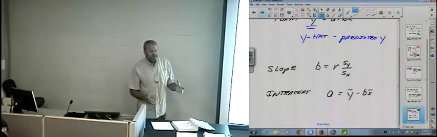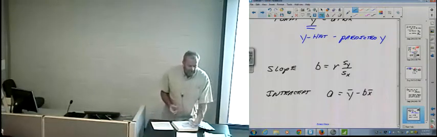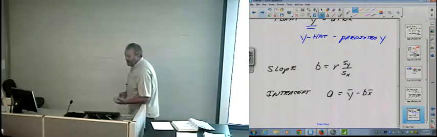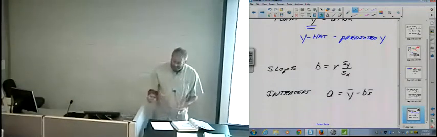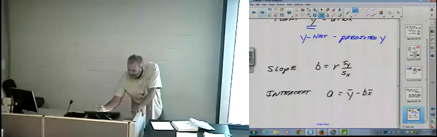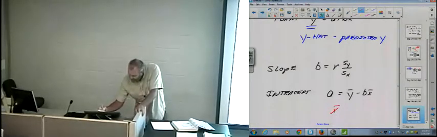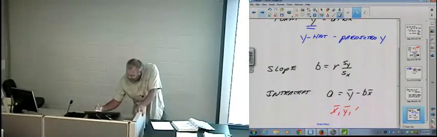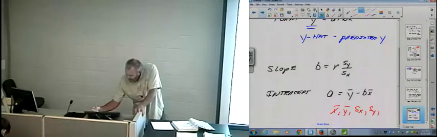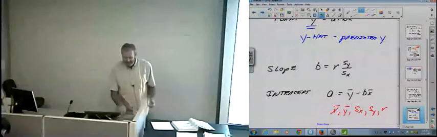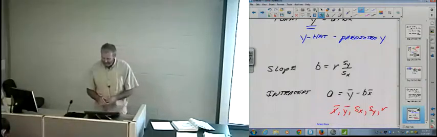So you notice we can find the equation of the least squares regression line by knowing things that we have already talked about in this class, right? The things you need to know are the means, the standard deviations, and the correlation. Those are things we've talked about in this class.